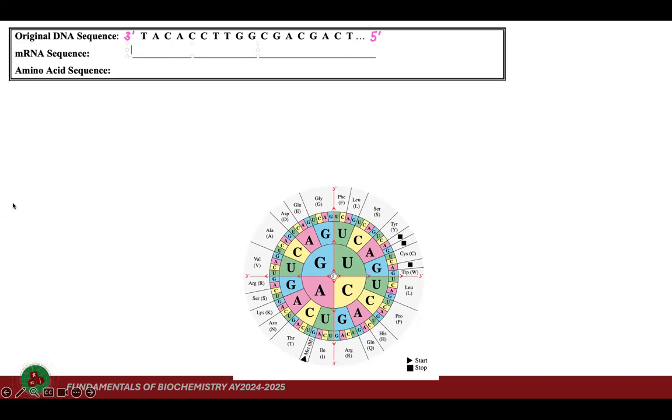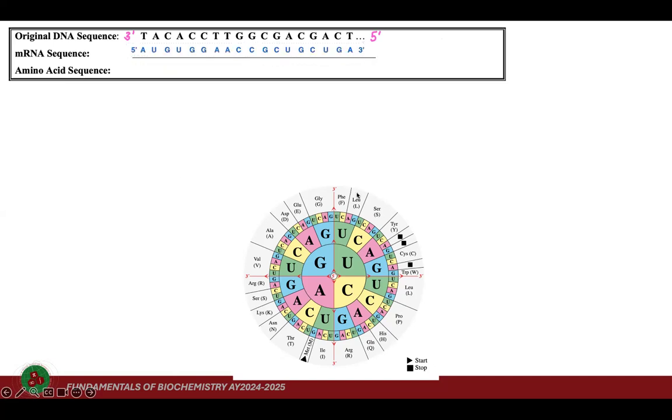So we start with 5', T pairs with A, A pairs with U, C pairs with G, A pairs with U, C pairs with G, another G, A, C, C, G, C, U, G, C, U, G, A, and 3'. So this is our mRNA sequence.